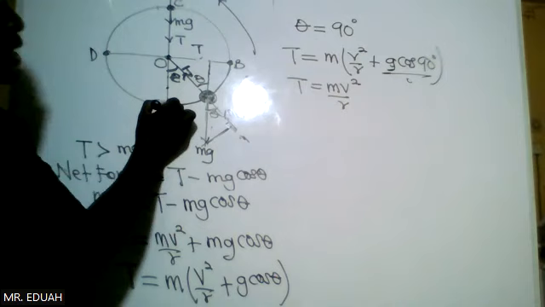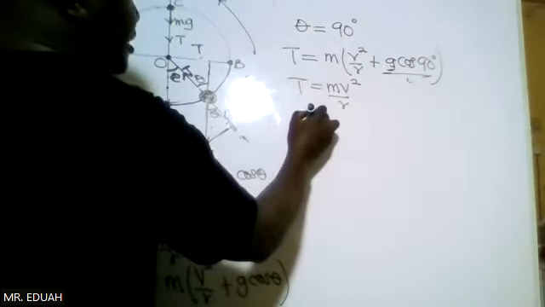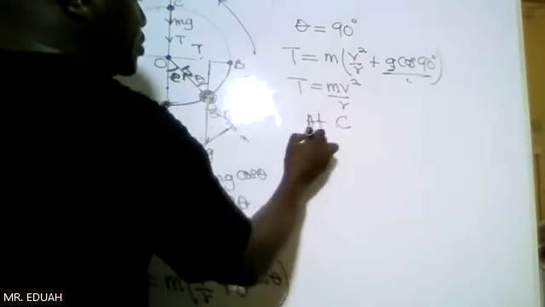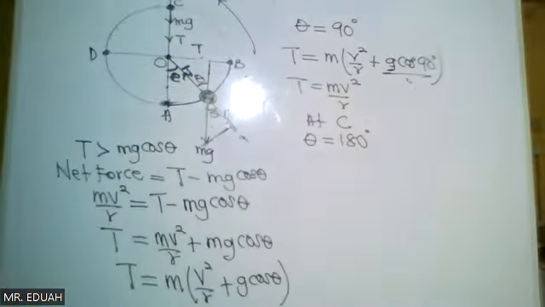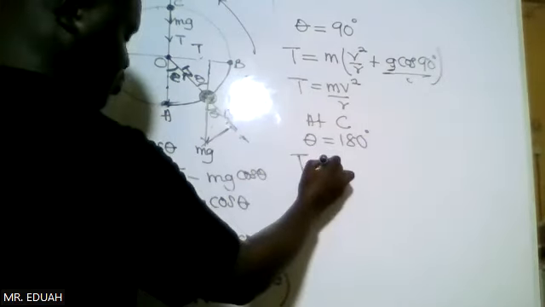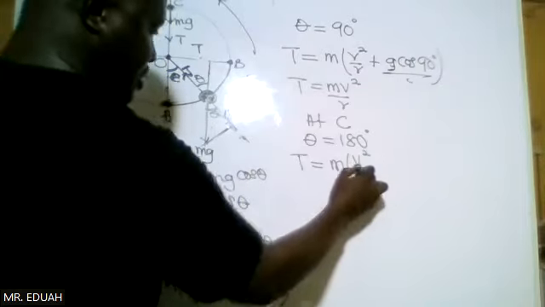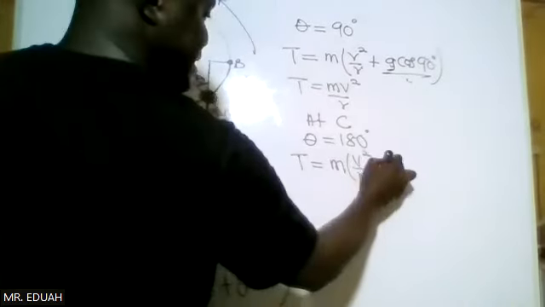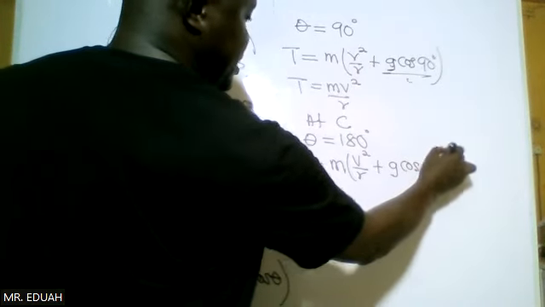When it moves from A to C, what is the angle covered? 180 degrees. So theta in this case is 180 degrees. If theta is 180, then T is equal to mv squared on R plus J cos of 180 degrees.